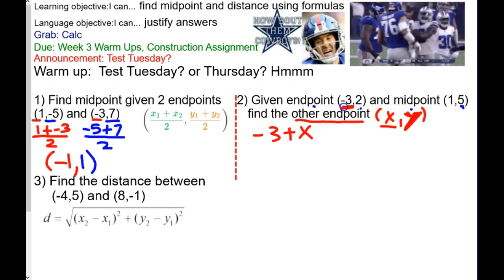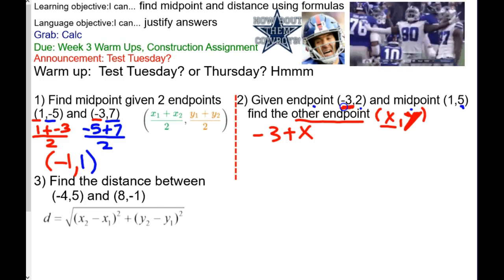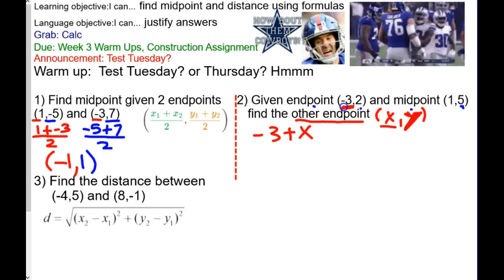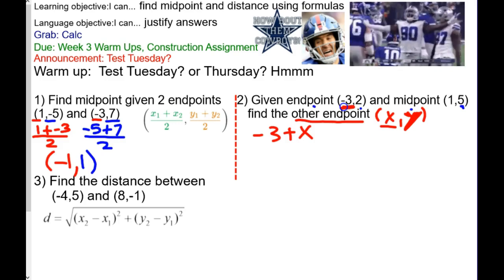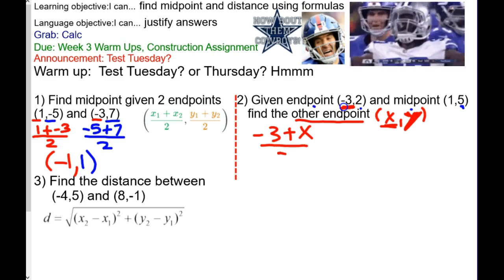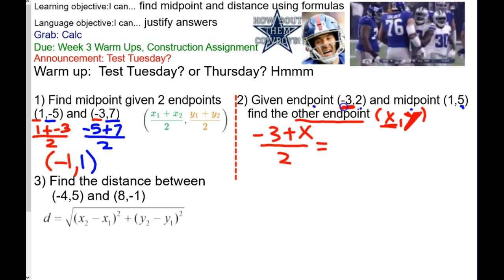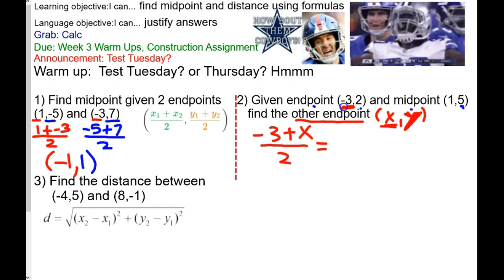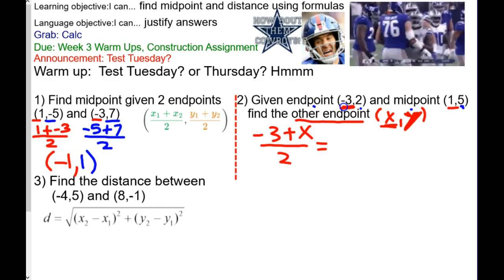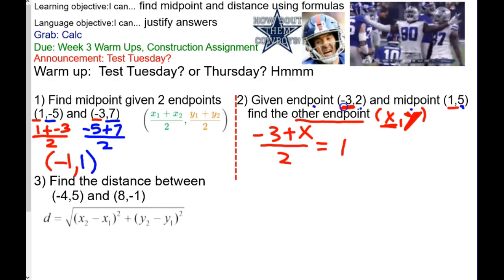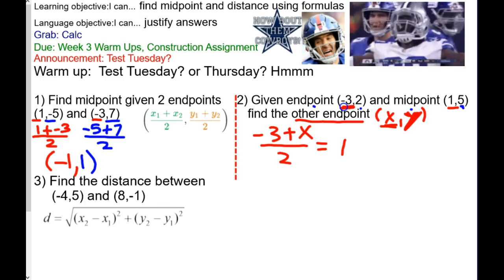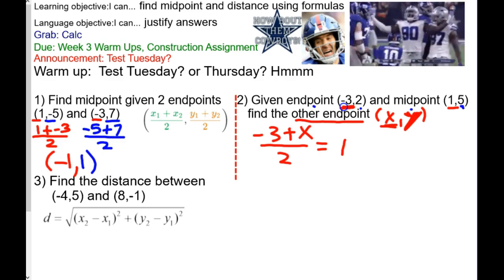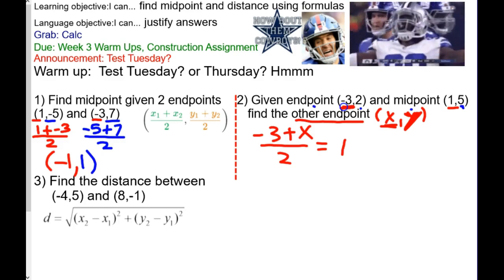Everybody who is going to have to do this on the assignment in a few minutes is paying attention, right? Again, when you don't know the other endpoint, you do -3 plus x divided by 2 equals the midpoint value. What's the midpoint x? 1. Okay, we set up a little algebraic equation from week 1. We should be, theoretically, able to solve this, okay?